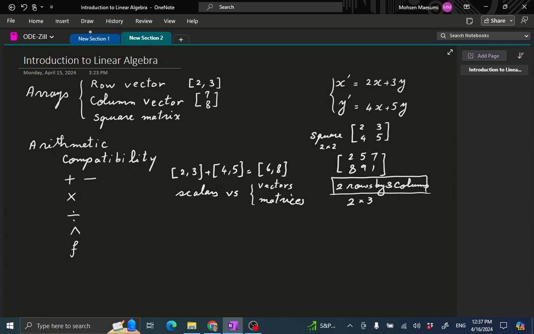Scalars is a fancy name for all the numbers we have been using all along. From elementary school up to calculus, you're dealing with scalars, you just call them numbers.